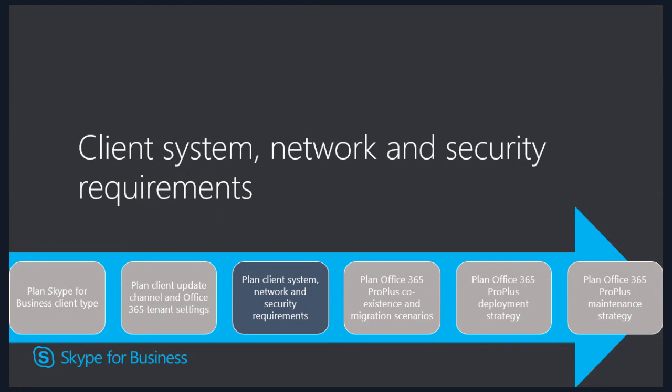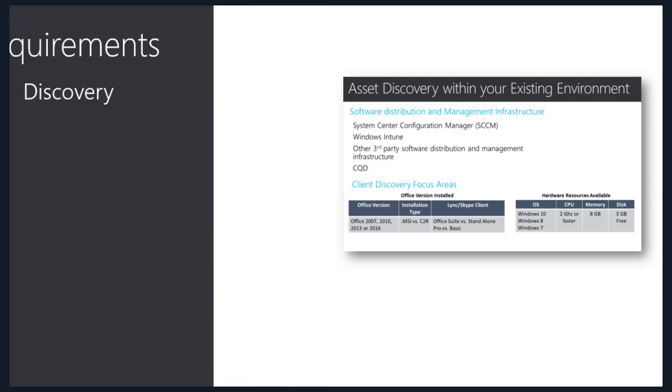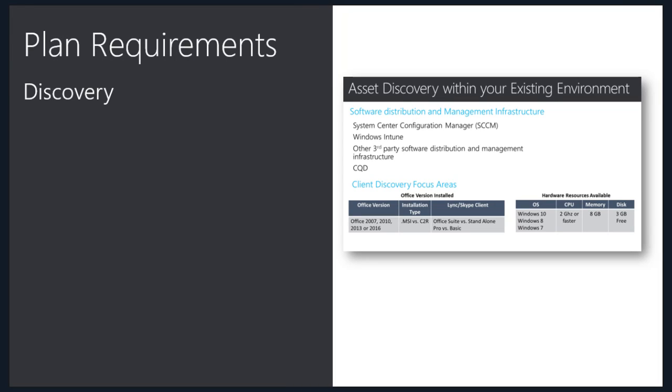Next topic to be discussed in the planning workshop is about the environmental requirements for client rollout. First of all, you need to know about the hardware and software inventory of your environment. The best and easiest way of doing that is to utilize a software distribution and management infrastructure like Configuration Manager, Intune, or any other third-party infrastructure that exists in your environment.